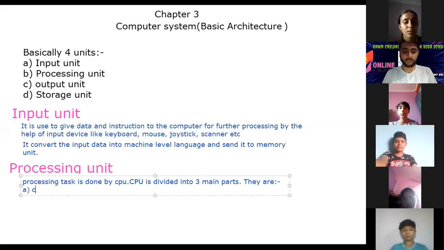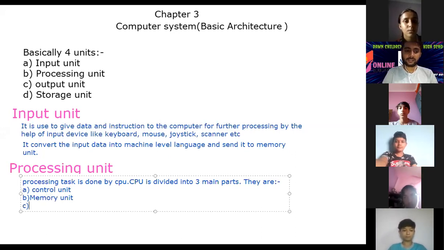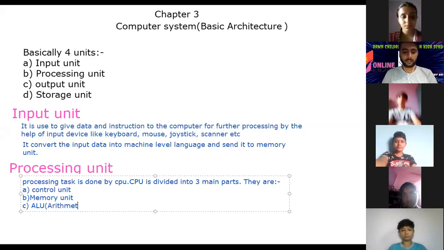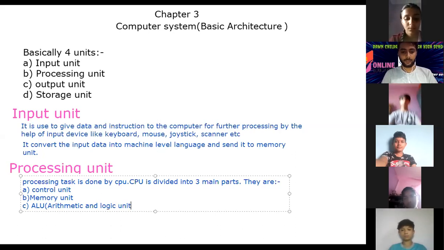First one is control unit, second one is memory unit. Third one, what is third one? Arithmetic and logic unit.